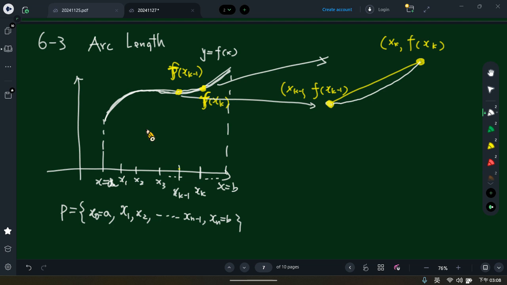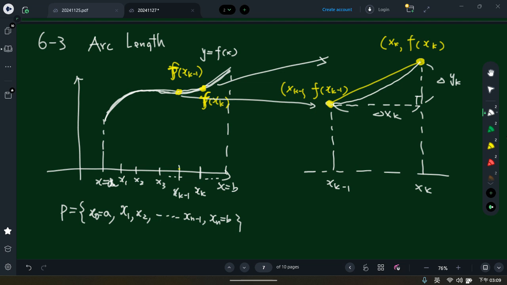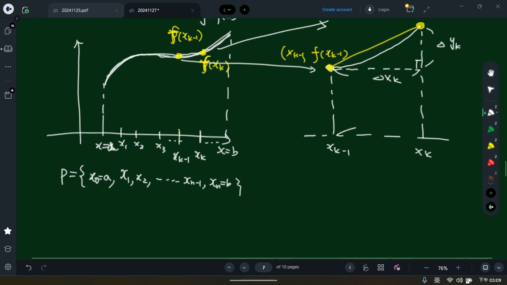Ideally it should be the white one, but since the white one is not easy, we use the yellow one to replace it. If this is delta yk, and this is delta xk, here is x(k-1) and here is xk, so this length is delta xk, right?